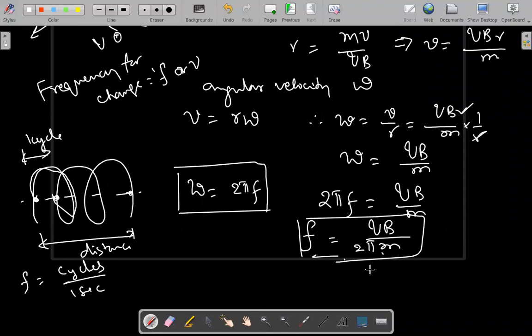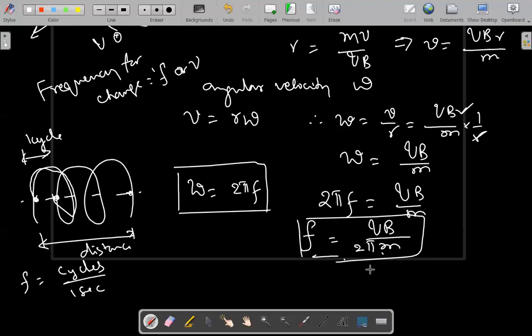The last point he gives in this is the distance moved along the magnetic field in one rotation, which is called the pitch. Pitch is nothing but its drift velocity multiplied by the time taken. The velocity parallel to the field, the component of the velocity, is v_parallel.